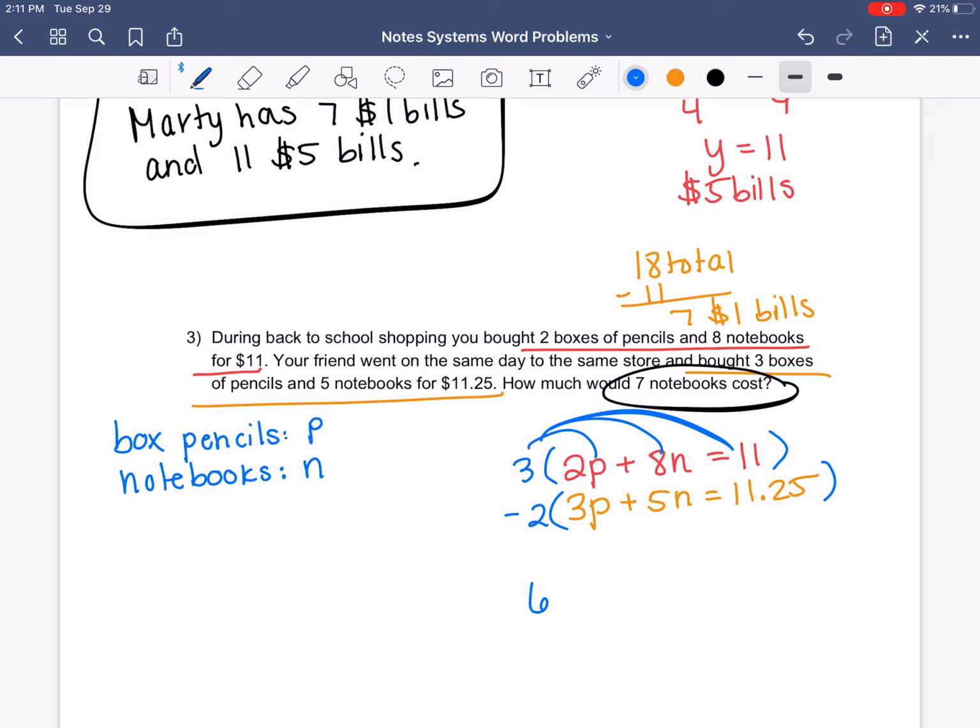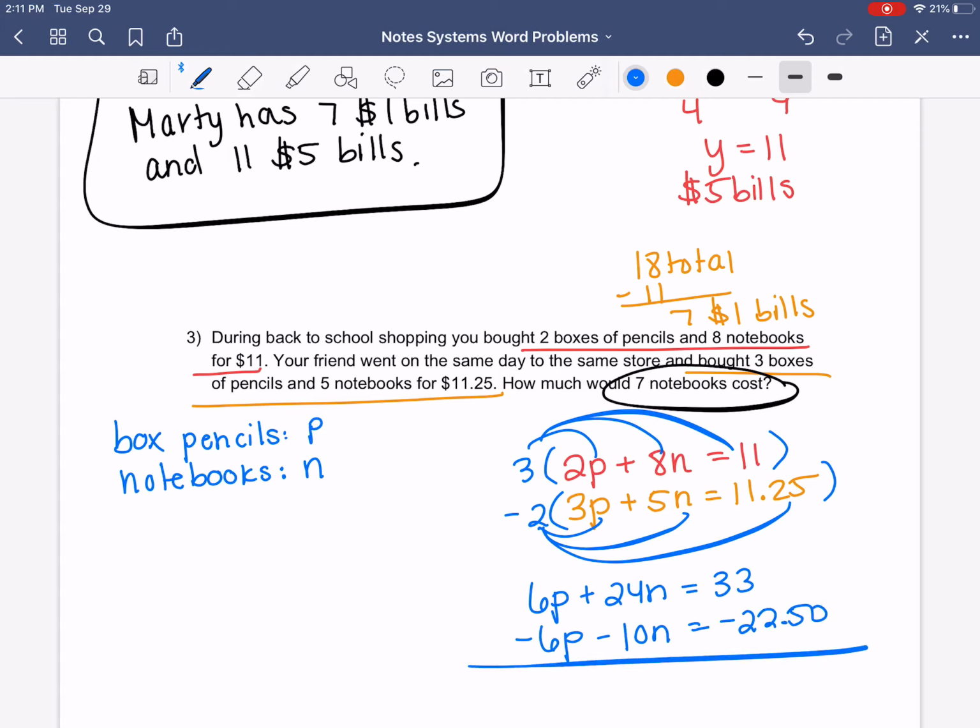So I get 6p plus 24n equals 33. And then on the bottom, I get -6p minus 10n equals -22.50. My p's cancel out, the boxes of pencils. 24n minus 10n is 14n.